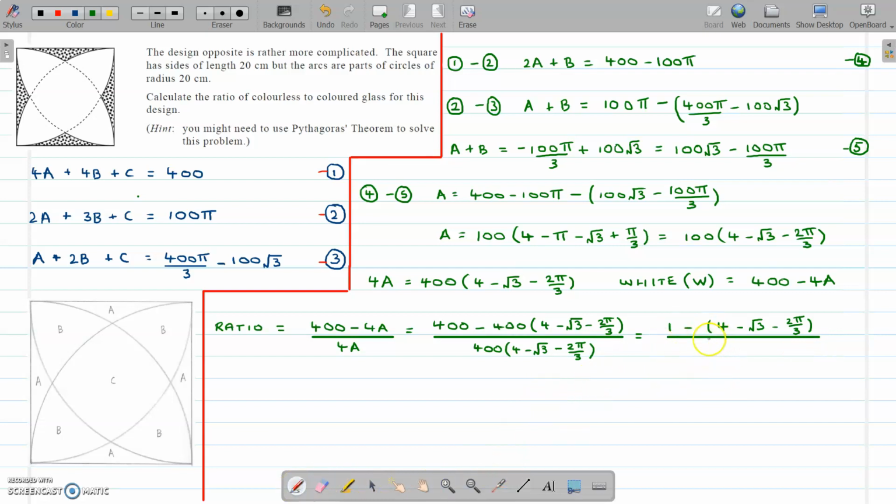So underneath that I've just got 4 minus root 3 minus 2 pi by 3.